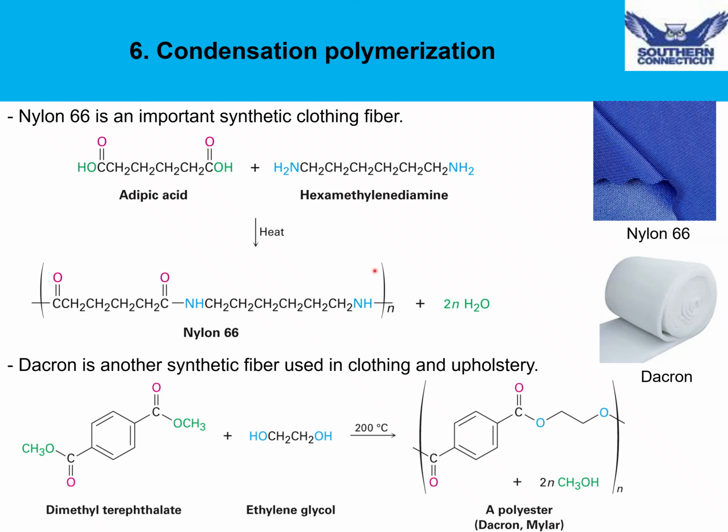Notice how we draw the product from one of these polymerization reactions. We typically abbreviate the monomer unit that we're using. In this example, we have the diamine, which was hexamethylene diamine. You can see that on the right side. On the left side, we have most of the adipic acid minus the OH group, since now the carbonyl is joined to the nitrogen.